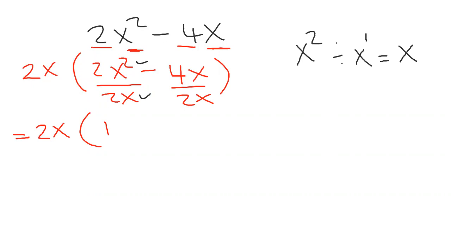Because from the law of indices, if you have an index here that has the same base as the index here, it means we are going to subtract our powers. The law of indices says if the bases are the same, we subtract the power.